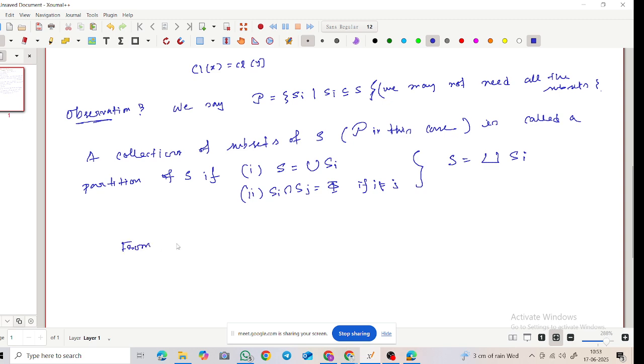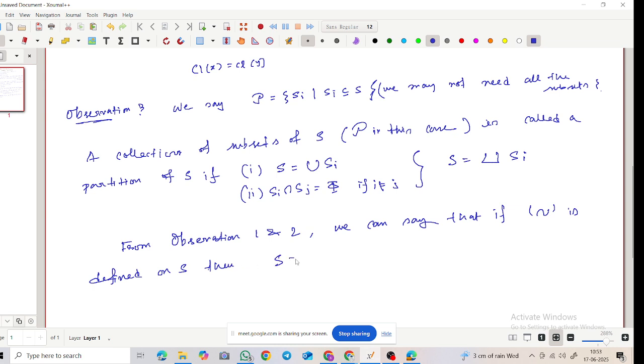From observation 1 and 2, we can say that if an equivalence relation is defined on S, then S is the disjoint union of class x, where x belongs to different classes.